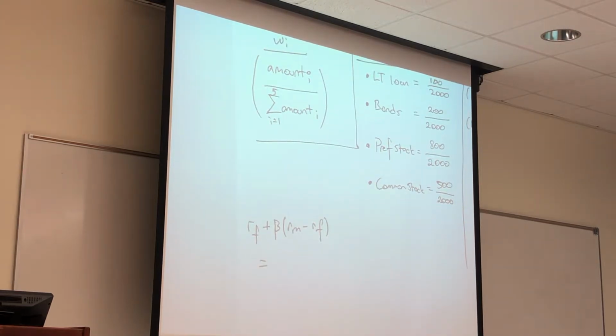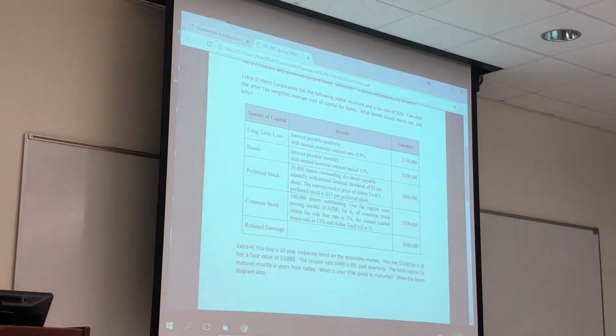In the details, let's look it up. In the details, we can see everything that we need. Risk-free is 5%. I'm going to write it down while telling you. The beta is given as 2. And the market return is 13%, right? So we're just going to put that in.